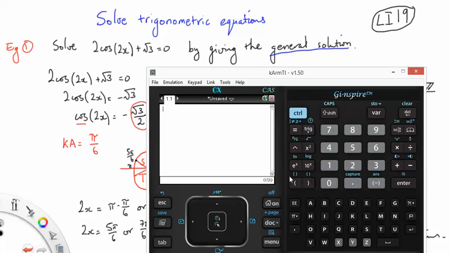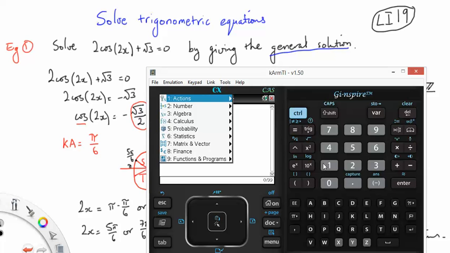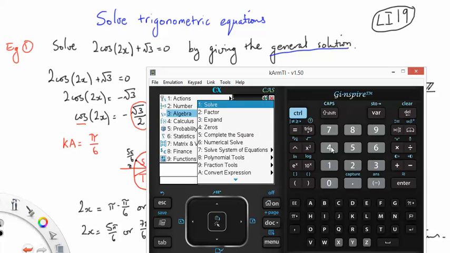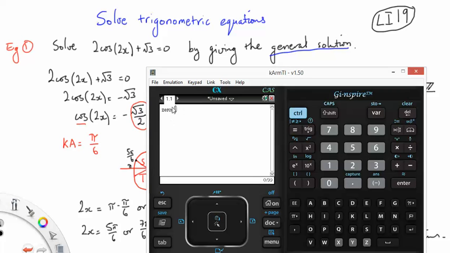So what the zeros function does is it lives at menu 3, 4. You don't have to put the equals 0, so you just put the equation and it figures out the values that make it 0. And I'll show you why I like that. I'll punch in the equation here. Trig, we want the cos, move over to the cos.